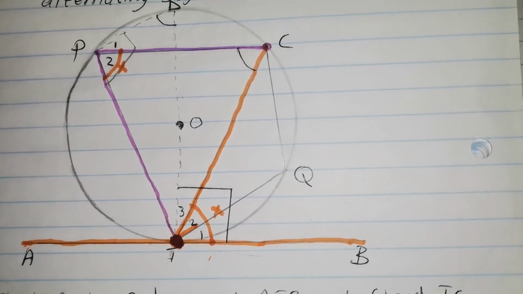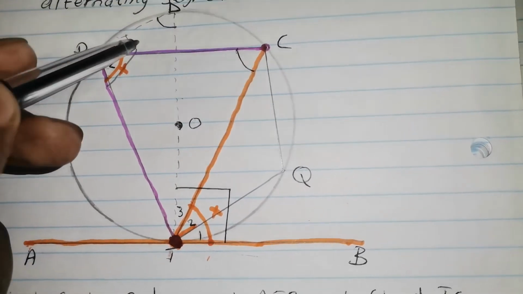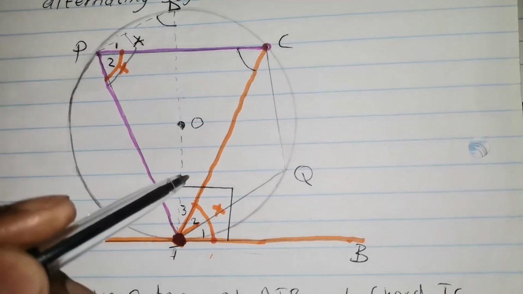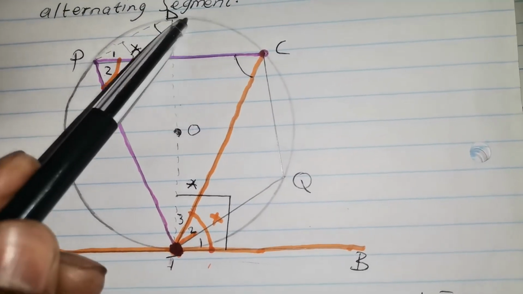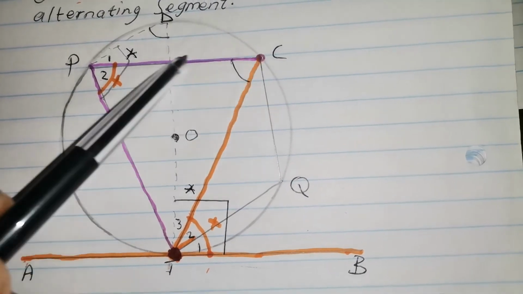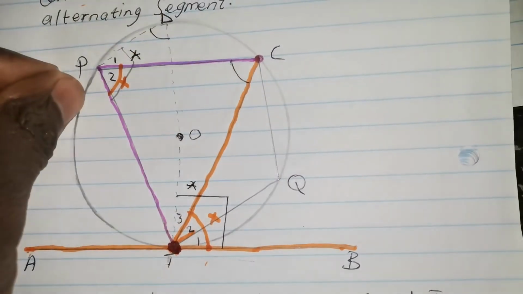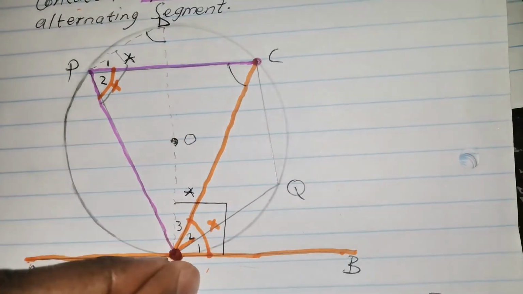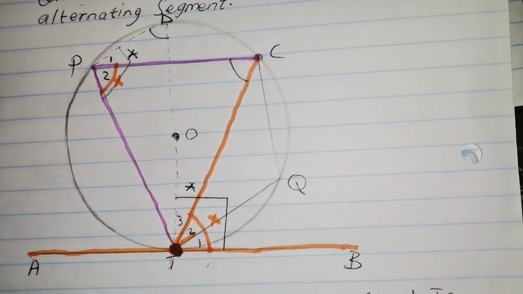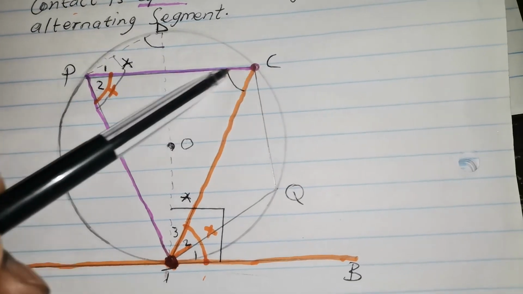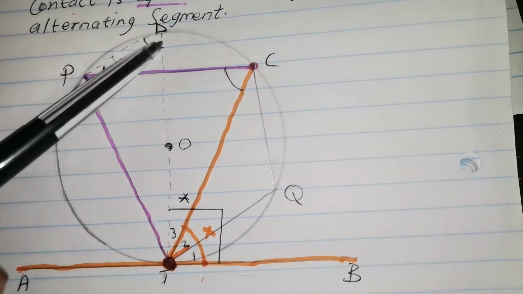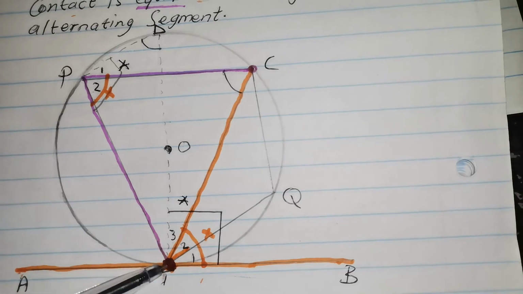We can see that P1 and T3 are subtended by arc DC. Remember, DC makes P1, then DC makes T3. Angles subtended by the same arc. This arc DC makes P1, DC again makes T3.